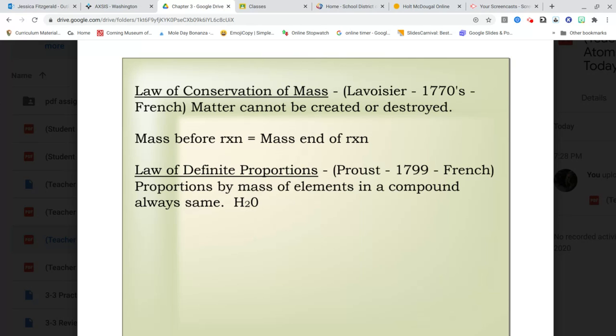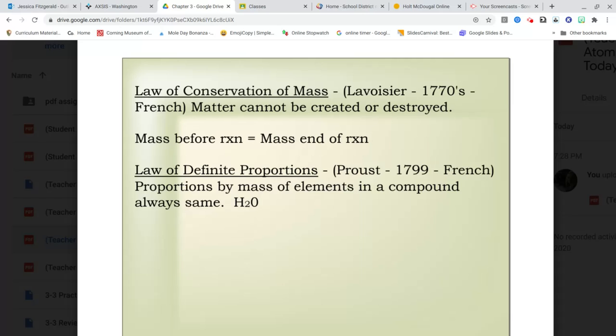Also, during this time, in 1799, Proust, who was also French, came up with the law of definite proportions, and basically was saying that the proportions of elements in your compound, their masses, are always going to be the same.